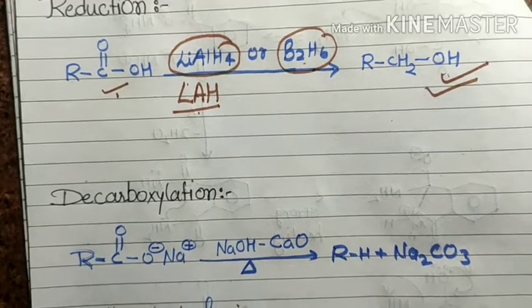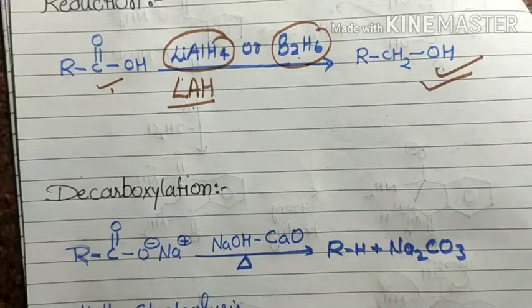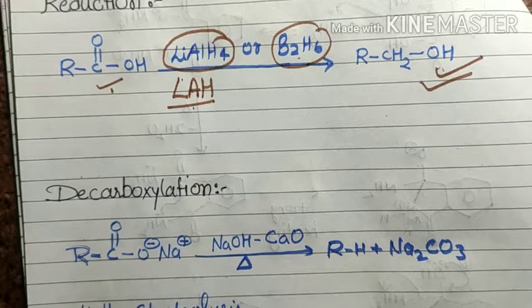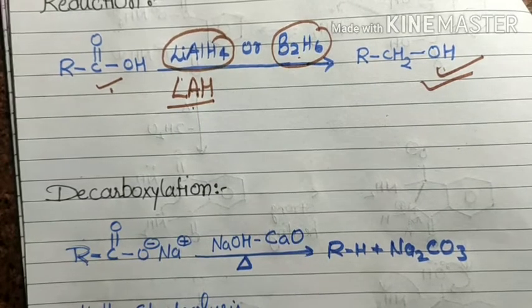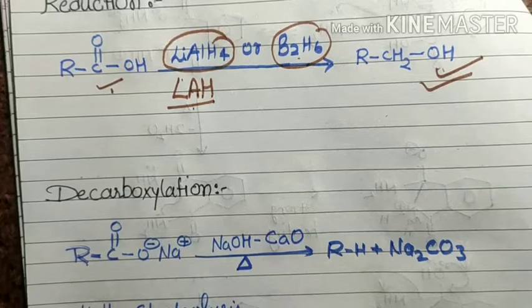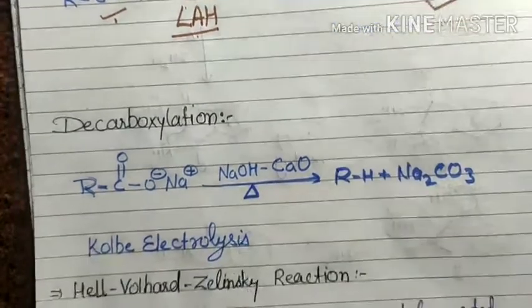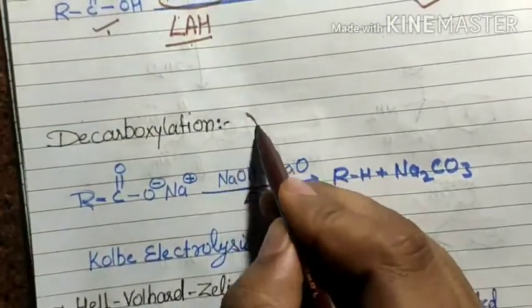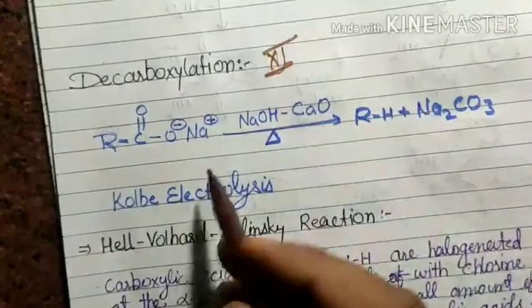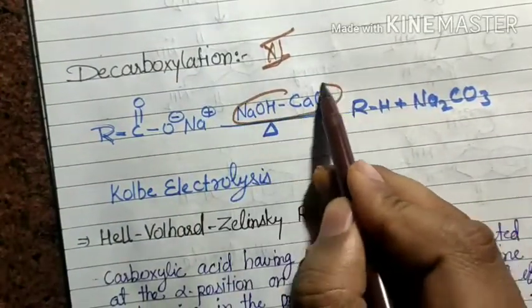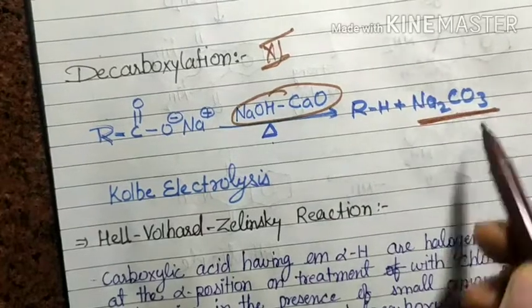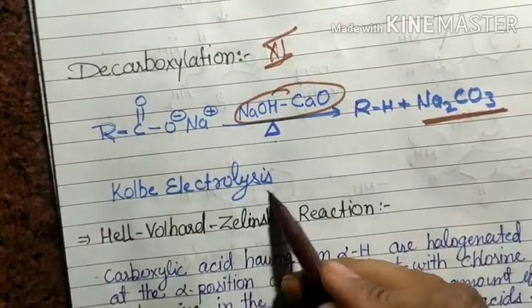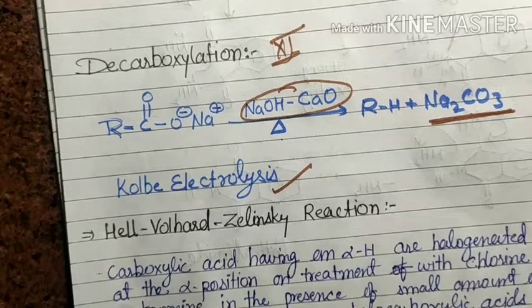In the comparison here, only ketone gives the secondary alcohol, but ester gives the primary alcohol here. So now the decarboxylation reaction, you also learned this reaction in class 11, because when carboxylic acid reacts with sodium hydroxide in the presence of CaO after heating, it gives Na2CO3, and there is another method, the Kolbe electrolysis.